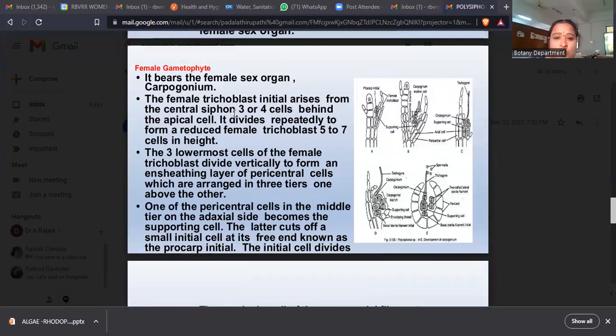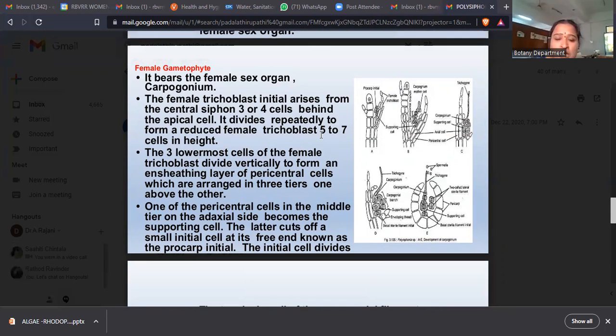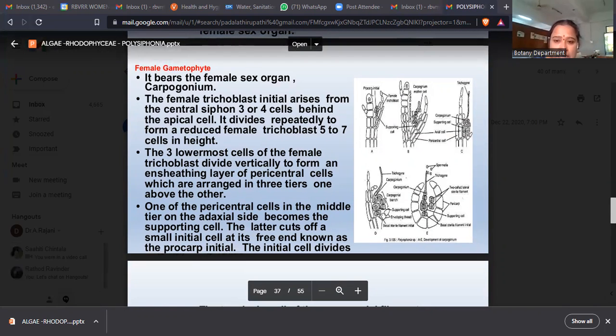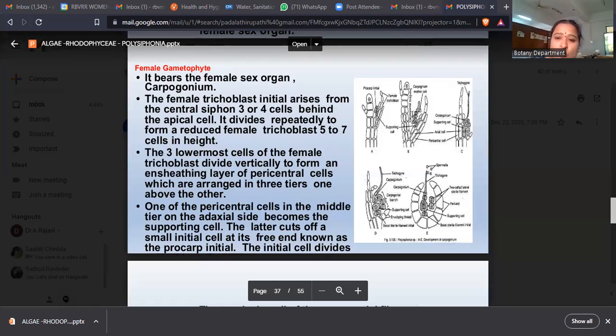The female trichoblast produces the central siphon, forming three to four cells behind the apical cell. It divides repeatedly to form the trichoblast of five to seven cells in height. The three lower cells of the female trichoblast divide vertically to form ensheathing pericentral cells, arranged in three tiers, one above the other.